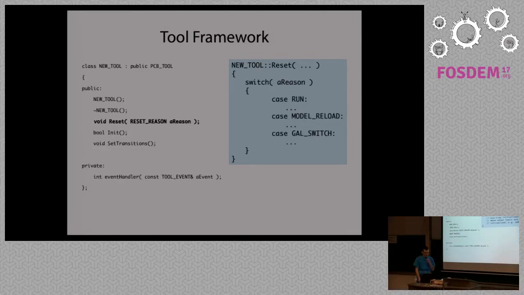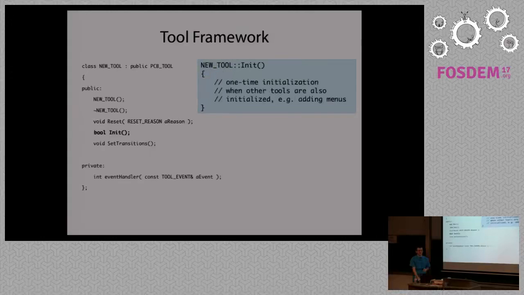Then there's also the init method. Init is different from the constructor in that all the other tools are already created when the init method is called. So if you need to cooperate with something else, that's the right moment to use the tool manager, to use another tool.